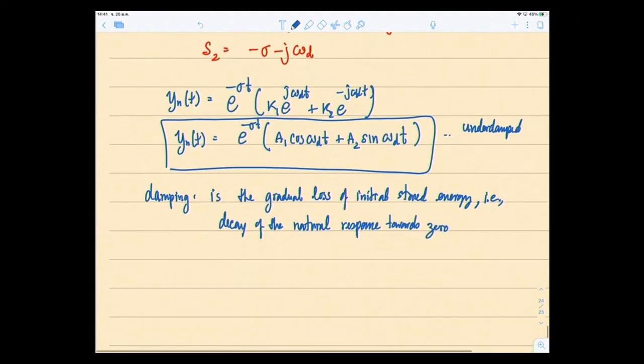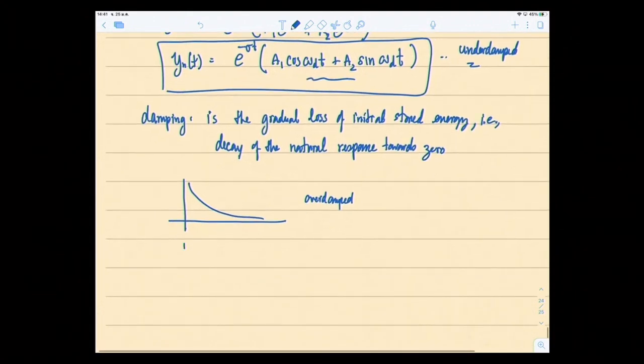Overdamped, you can see, is just exponential. This is overdamped; it steadily loses amplitude. Underdamped has a cosine and sine, so there are oscillations, and it develops and dies out like this.